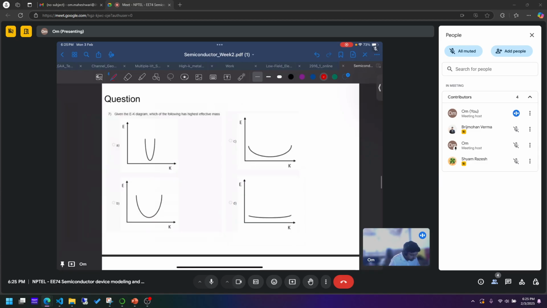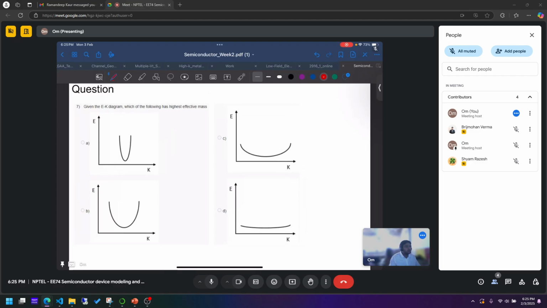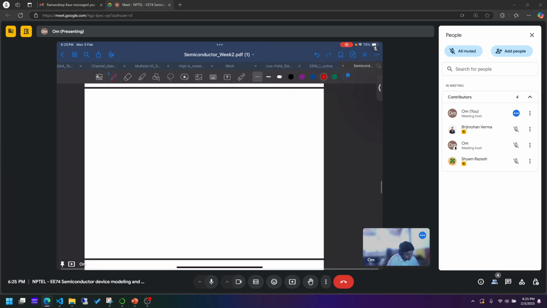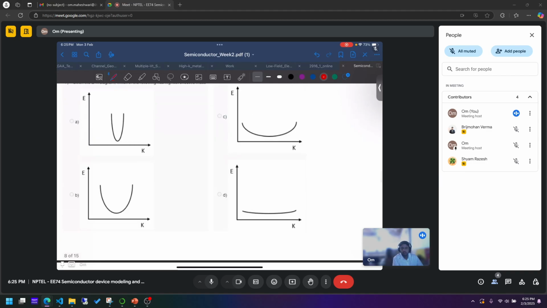Okay, so let's see this. So where do these E-K diagrams come from, right? They come from the solutions of the Schrodinger equation.